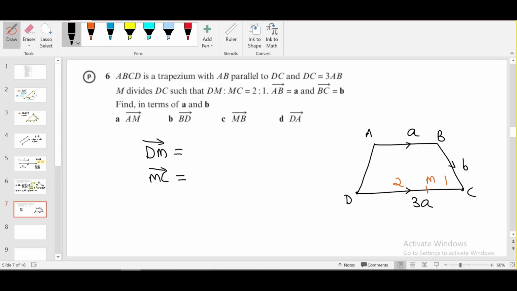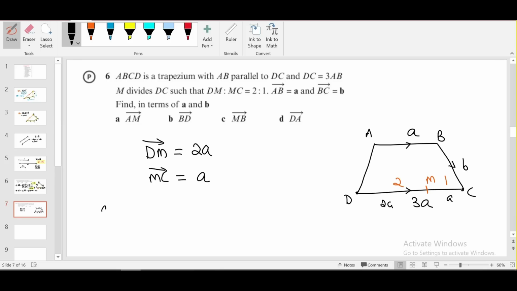If the total length is 3A, what would be DM? So would it just be 2A? Yes, of course it's 2A. MC is A, right? Yeah, that's it. So it's 2A and this is just A. Okay?